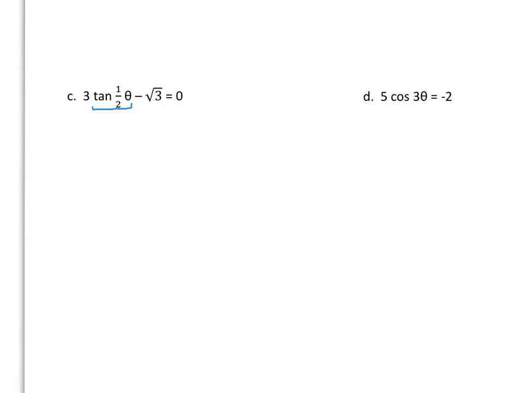Order of operations in kind of backwards mode, we would actually move the negative square root 3 over by adding it first. Then we have 3 times tangent 1/2 theta equals square root 3. To isolate the trig term now, just divide both sides by 3. And this is all step 1, isolating that trig term.